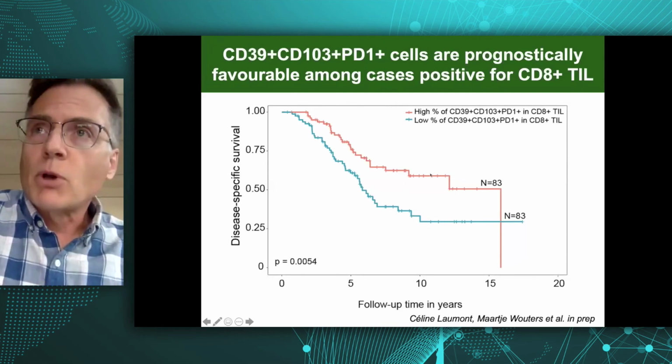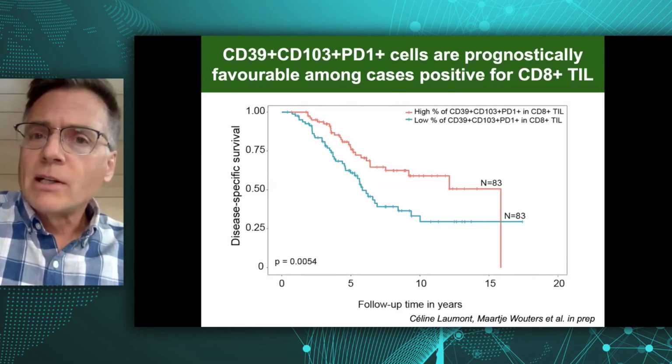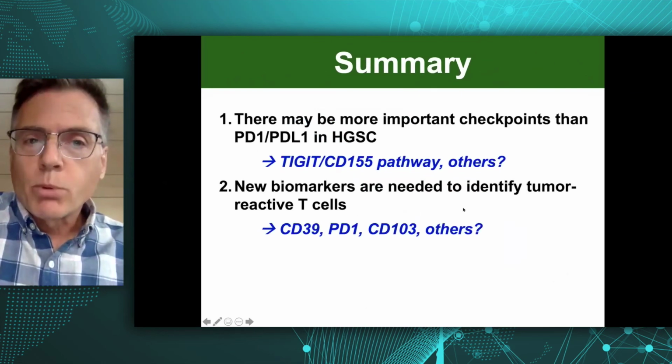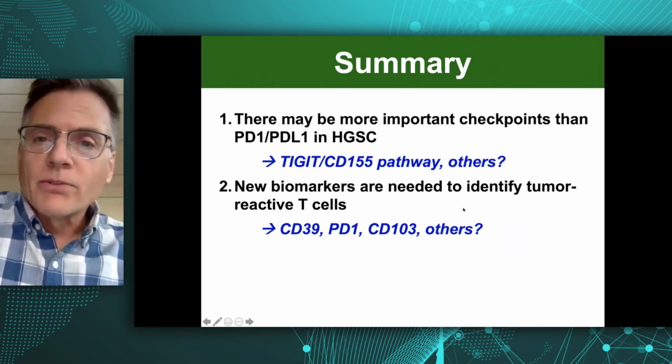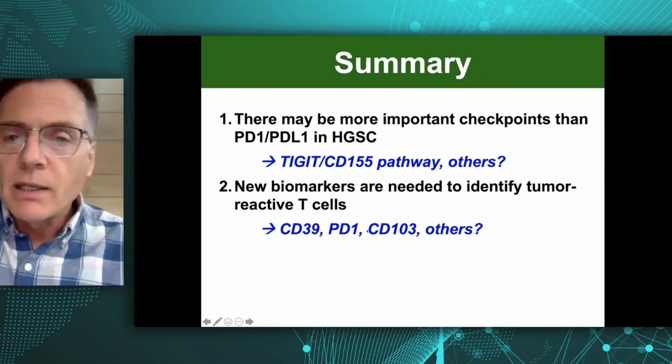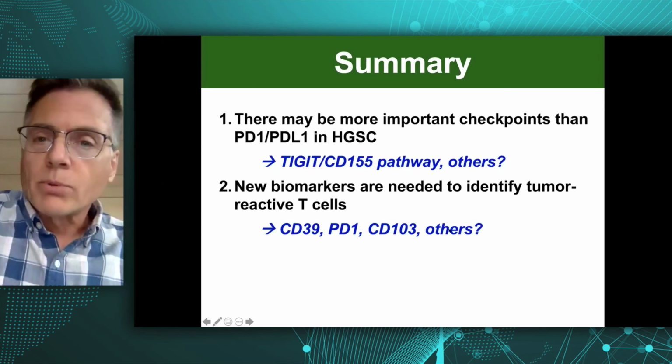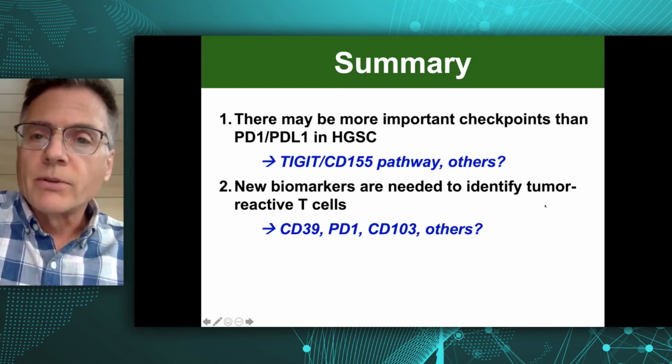This gives us some confidence that we're moving in the right direction in coming to understand the phenotype of the most important TIL. So that's my second point, that we need new biomarkers to identify the tumor-reactive T cells. I've talked about CD39, PD-1, and CD103 as attractive candidates at present, and others are also under investigation.